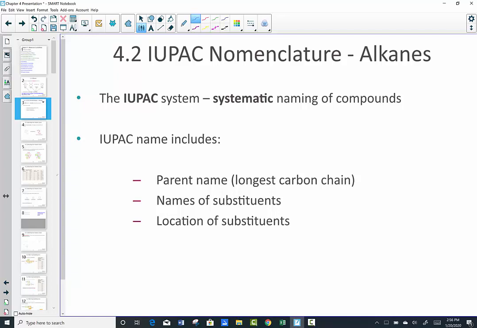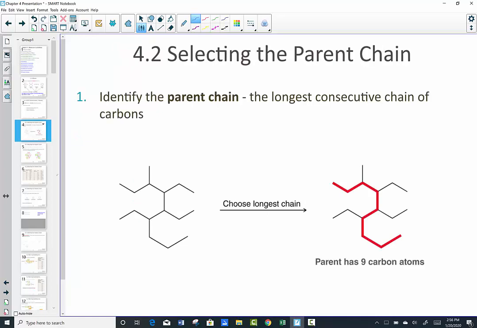We then name any substituents, these branches, these alkyl groups that are coming off of that longest carbon chain. We'll use a numbering system to let you know where those branches are coming off of the chain, and then really a system of alphabetizing and prioritizing those branches and come up with the IUPAC name. So I'd like to take you through those steps, one step at a time until we get comfortable, and then we'll put all the pieces together.